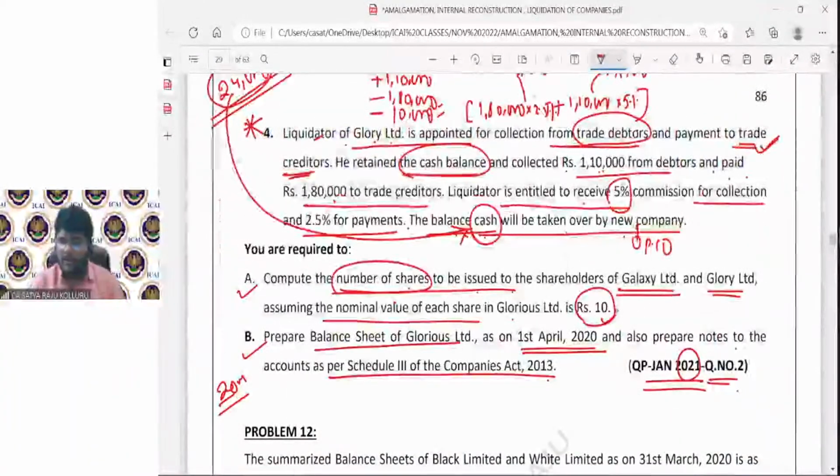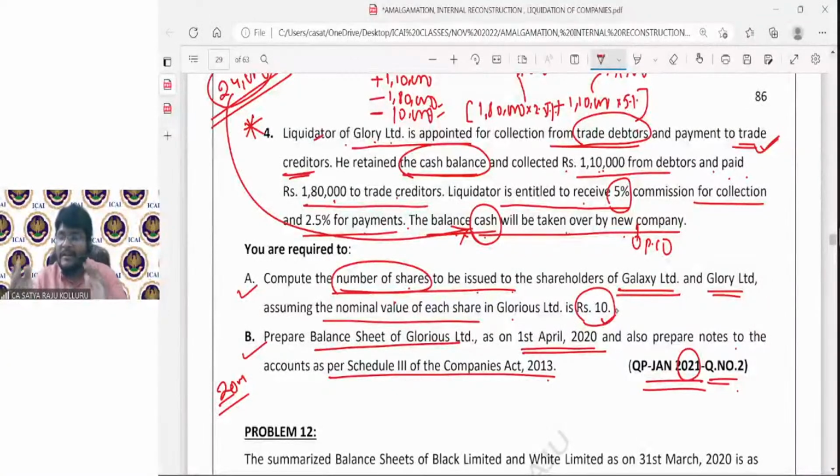This is a Jan 2021 problem, where the method of amalgamation is not mentioned, but still we adopted the purchase method. That is the reason I'm telling you, in some problems they directly provide the method of amalgamation. In some problems they do not mention it, and you need to identify it on your own from the available information. In some problems they provide ambiguity.